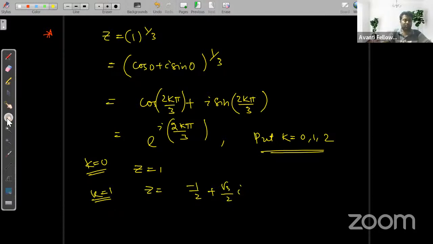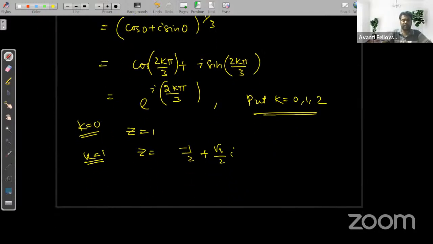And for k is equal to 2, you will get z is equal to minus 1 by 2 minus root 3 by 2 i. So these are the three roots you will get. Okay, now we'll summarize all these things. If we summarize all these things, what are the things you are getting? Cube root of unity.